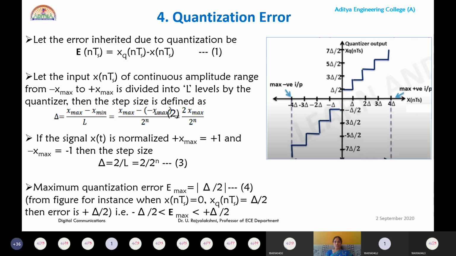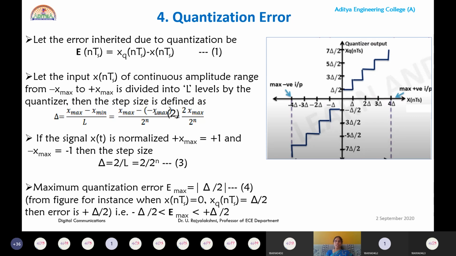Please observe the graph once again. In the transfer characteristics, the x-axis is the input signal, continuous amplitude, and the y-axis is discrete amplitude, because the quantizer converts a continuous amplitude signal into discrete amplitude samples.